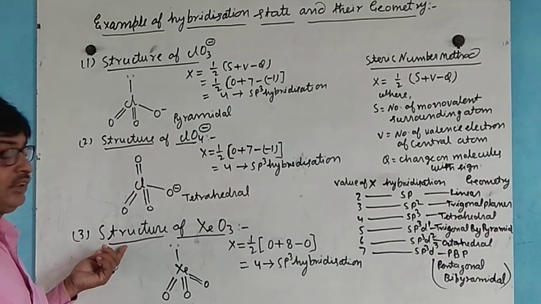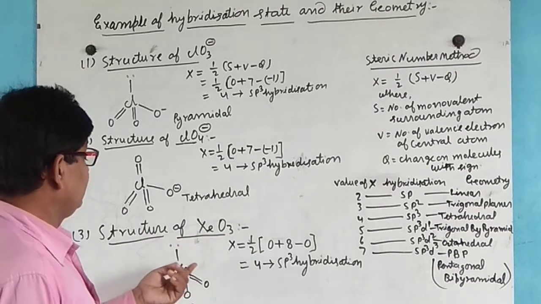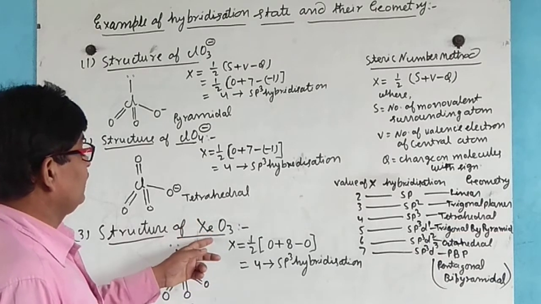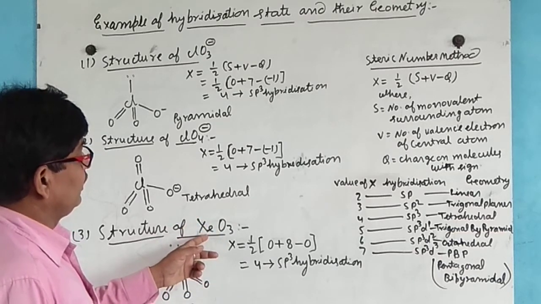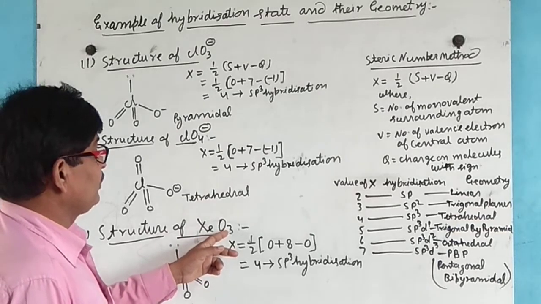Now the structure of xenon oxide, XeO3. Xenon is the central atom, and these are the surrounding atoms.